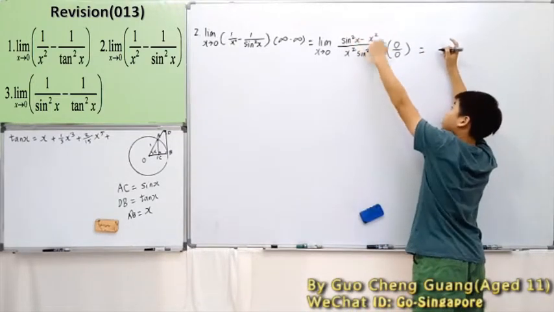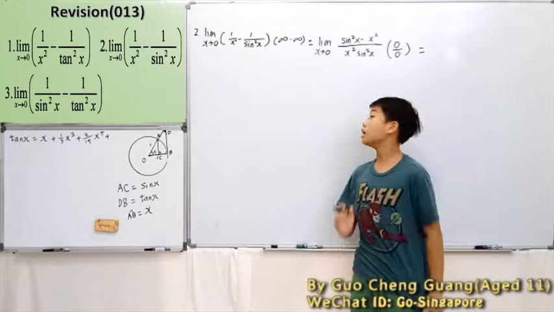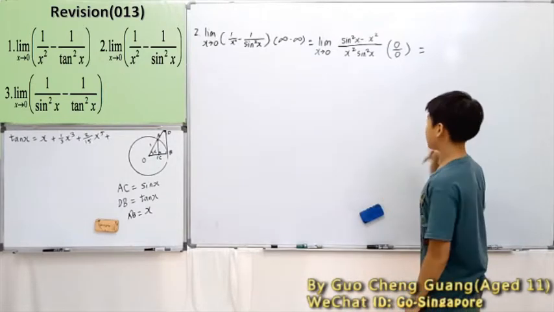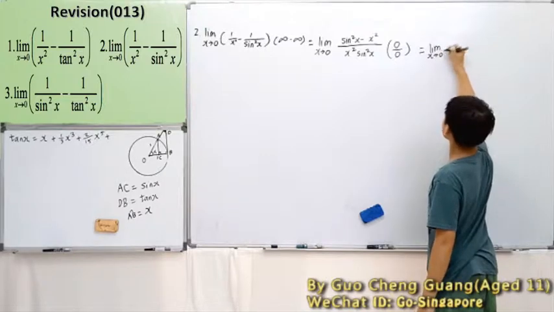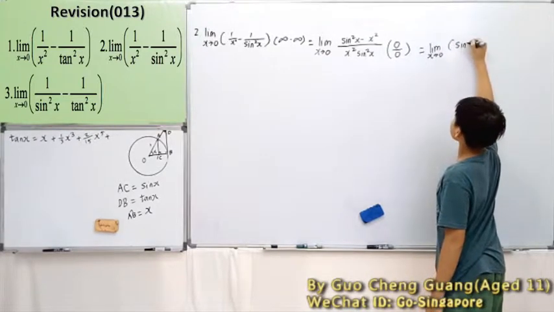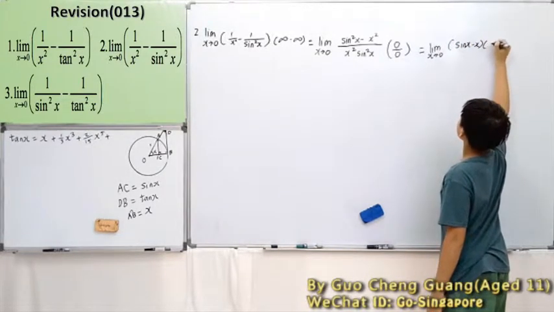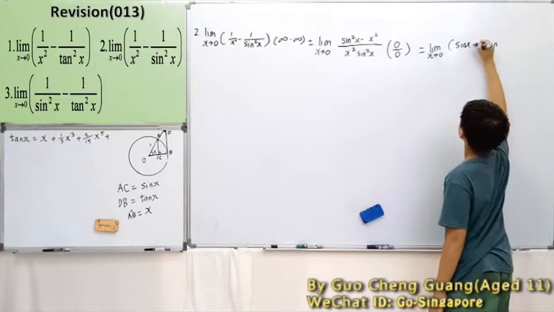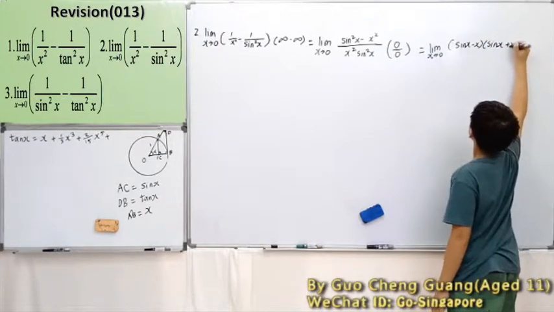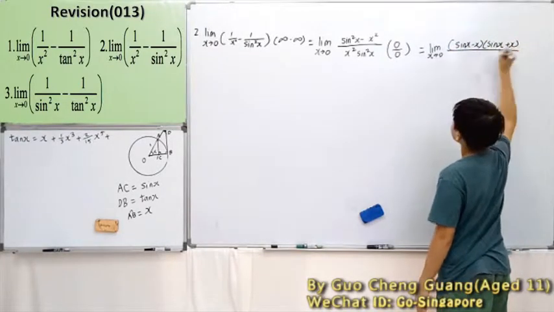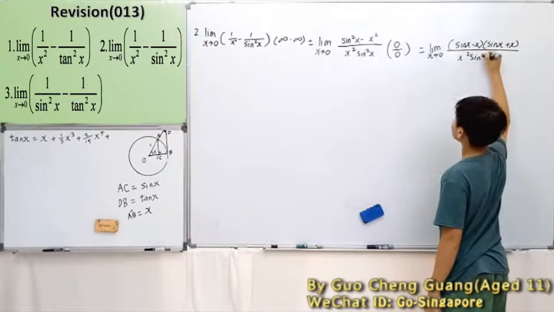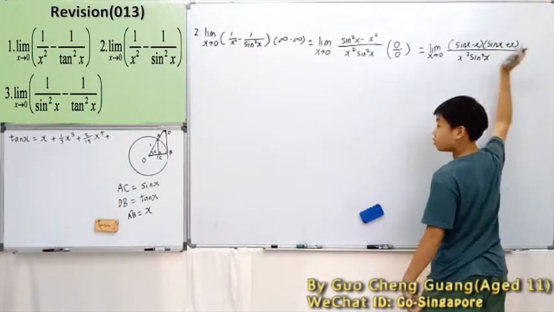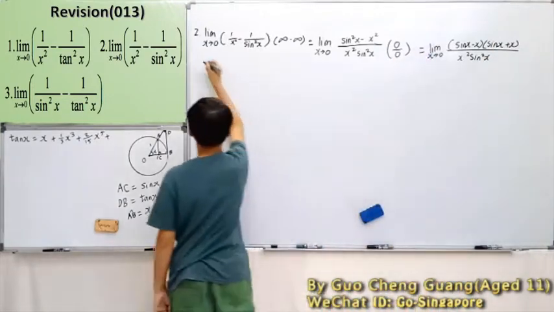And for this part, factorization using a squared minus b squared. Until this part is still 0 over 0.